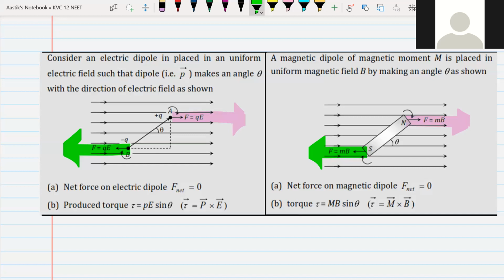Are you able to understand, beta, what we are writing? Yes or no?